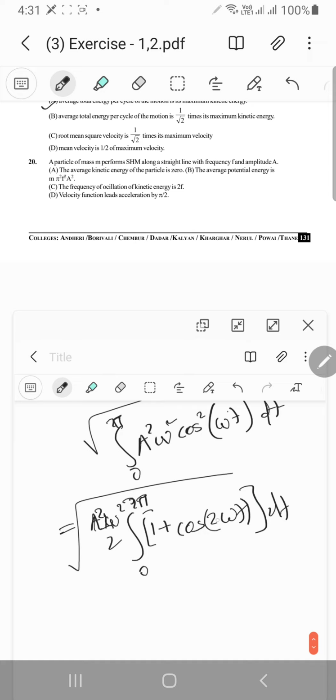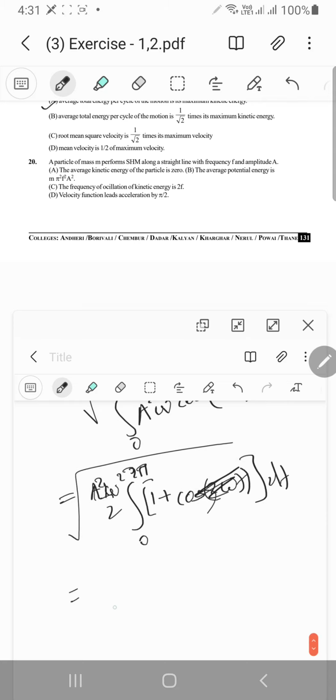If we integrate this, we get sine of omega t times some constant. So 2 pi and 0 both make that thing 0, so just neglect this. It's going to be 2 pi over there, so it just becomes pi a squared omega squared, square root of that.